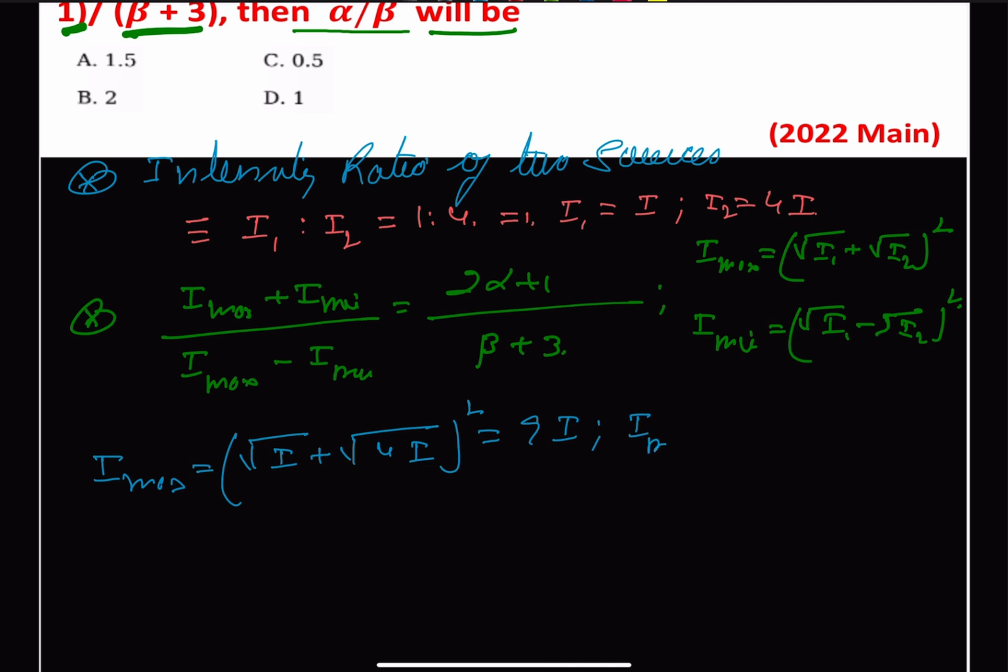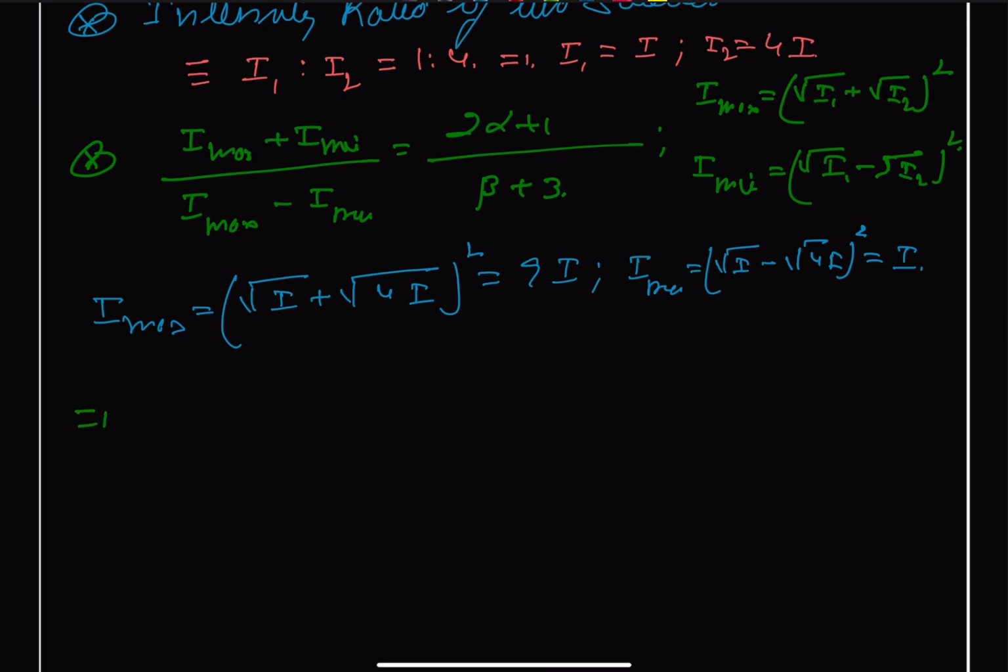Similarly, we have I min, which is square root of I minus square root of 4I whole square, and this will be coming as our I. We substitute the values, we get that I max plus I min, 9I plus I, over 9I minus I, that will be coming as 10I upon 8I.